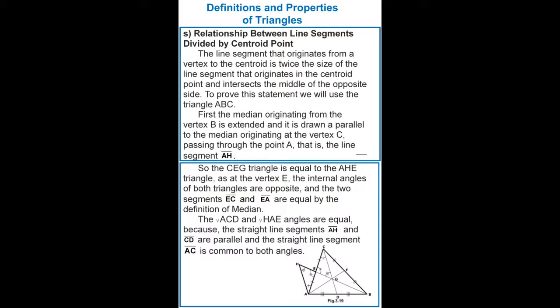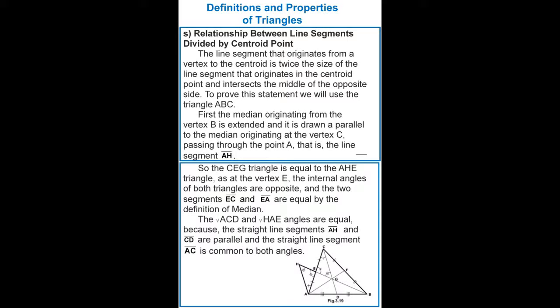Continuing with the proof process, it is verified that the triangles CEG and AHE are equal, because at the vertex E, the internal angles of both are opposite and therefore are equal.